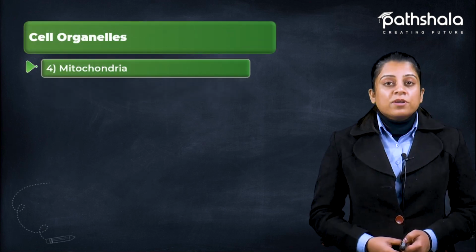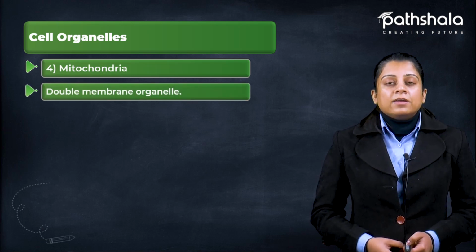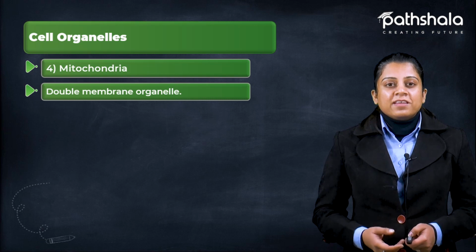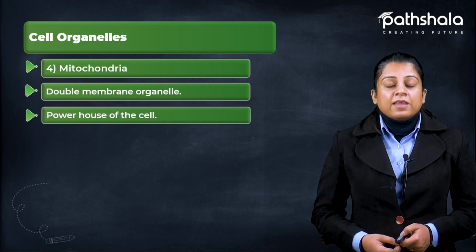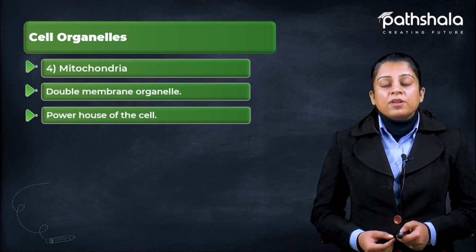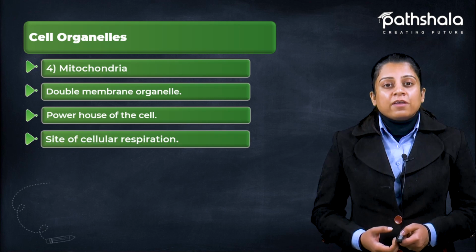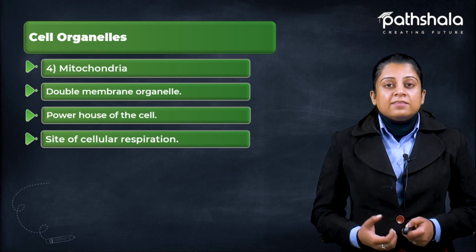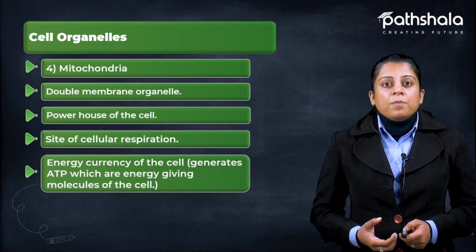The next important cell organelle is mitochondria. Mitochondria are the organelles that are present inside the cells. These are double membrane organelles and are also known as the powerhouse of the cell, or the energy currency of the cell, as they serve as the site for cellular respiration.